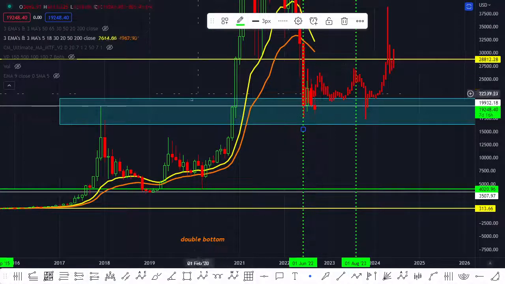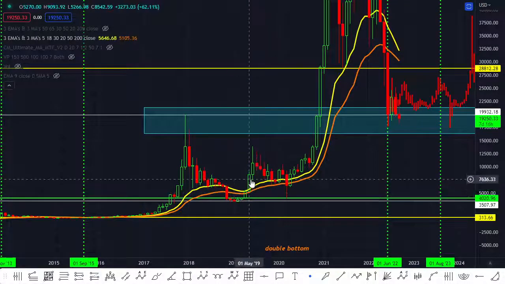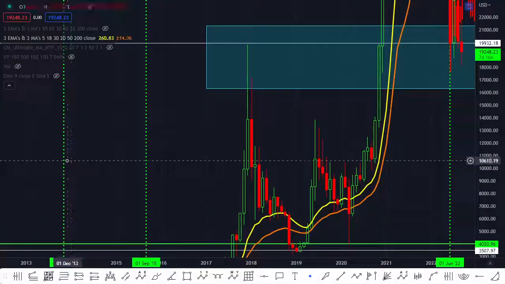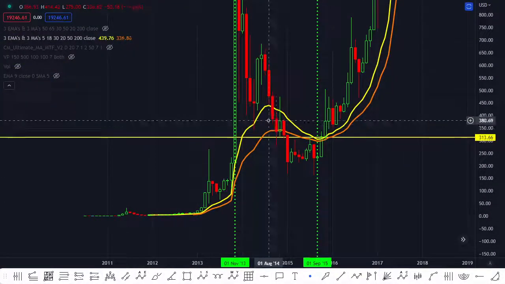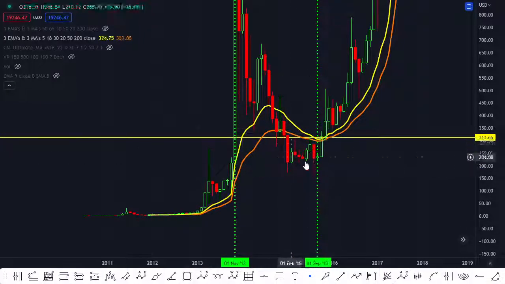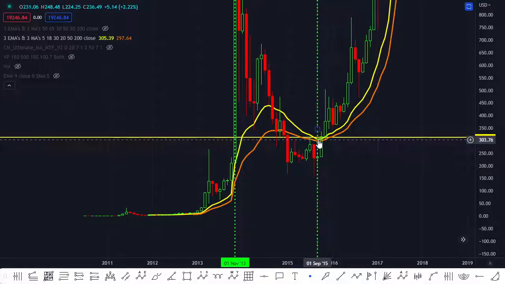With that said, I was focusing on the 18 and 30 EMAs here on the monthly time frame, because in the 2014 and 15 bull run, as you can see here, when we had that bear market, and this is the fractal, this is where I got the fractal from, these came very, very close to touching. I mean, extremely close.